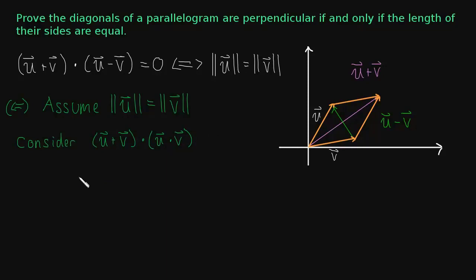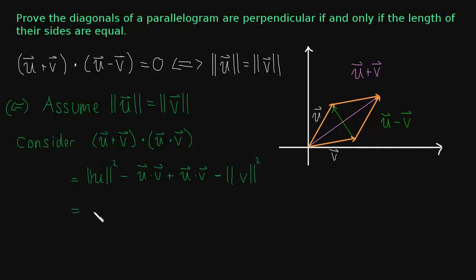Well, that dot product is equal to, well, we already did this. It was the length of u squared minus u dot v plus u dot v. I just commuted there. It would be v dot u, but I just commuted the two vectors. And then minus the length of v squared.